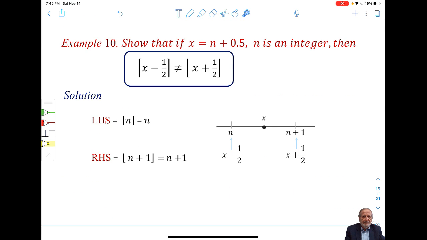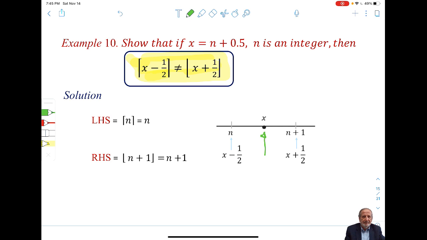Now, if x is in the middle, is n plus 0.5, n an integer, then these are not equal. See, this is not equal. Again, x is right in the middle here. See what I did? x is right here in the middle.